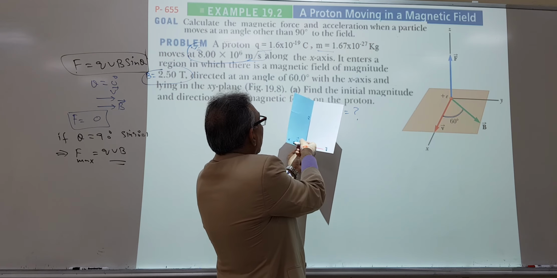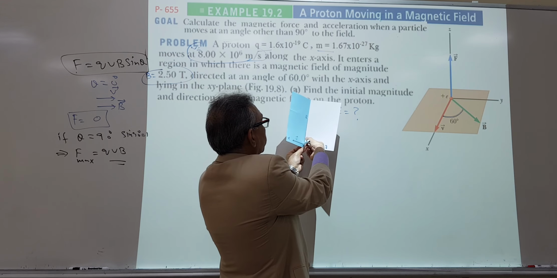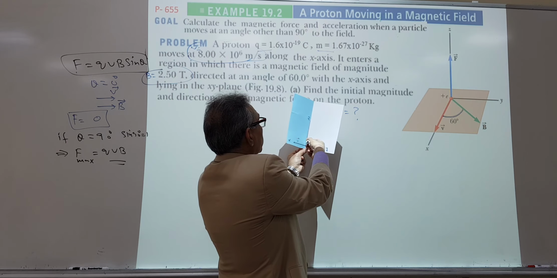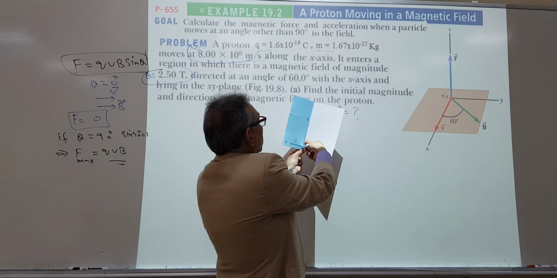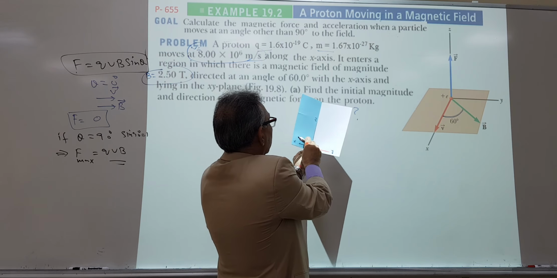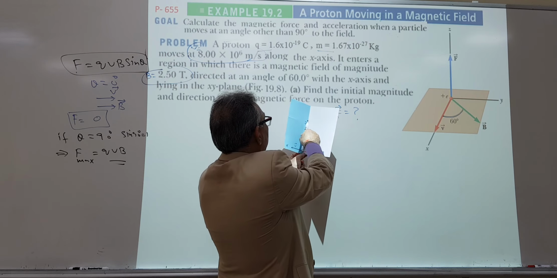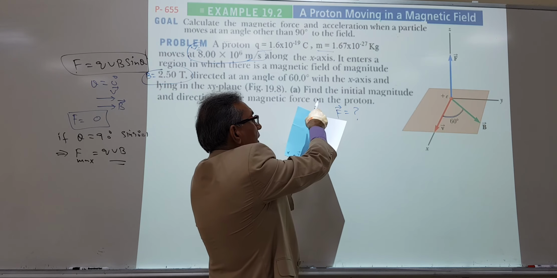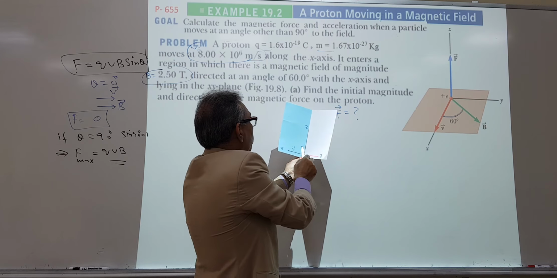From the x-axis, 60 degrees is your magnetic field B here. You can understand it better from here. This is the x-axis, this is the y-axis, the height is the z-axis, the corner of the room.